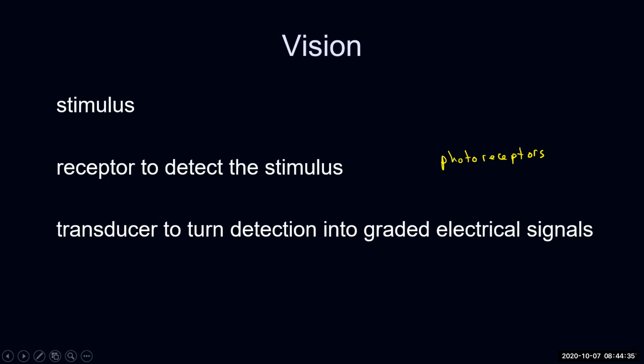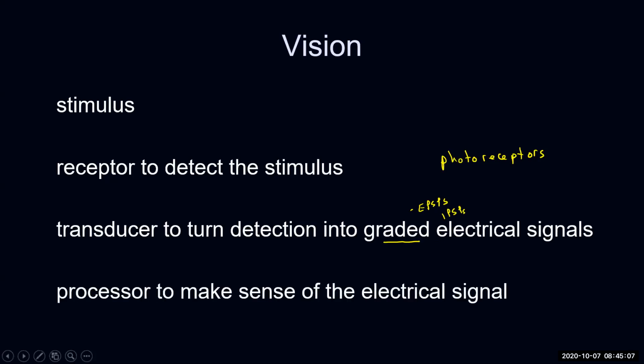Once we do that, we need to transduce that signal into electrical signals. Initially, we're going to use graded electrical signals. So we have talked about action potentials. We'll use action potentials, but immediately in the photoreceptors, we're going to have EPSPs and IPSPs. These are graded potentials. They can be a little or a lot.